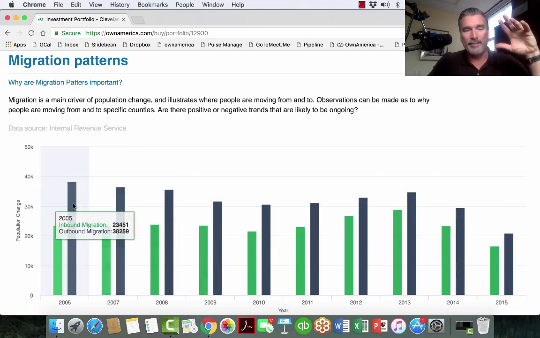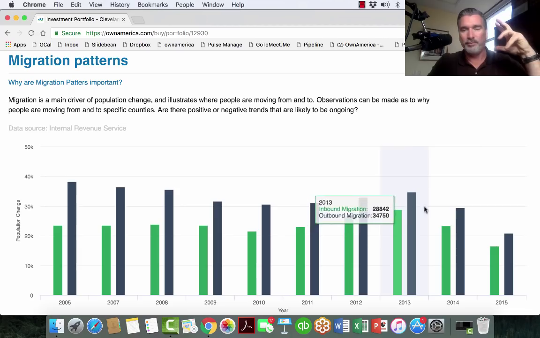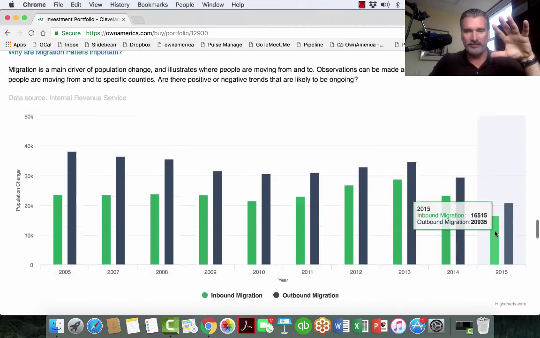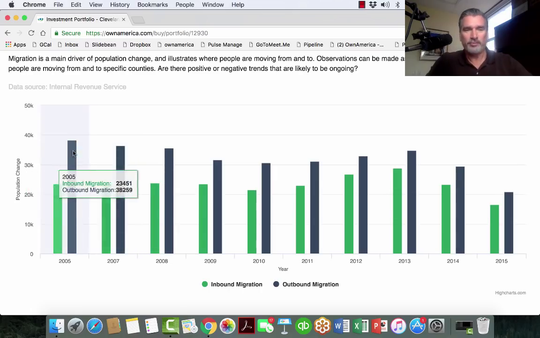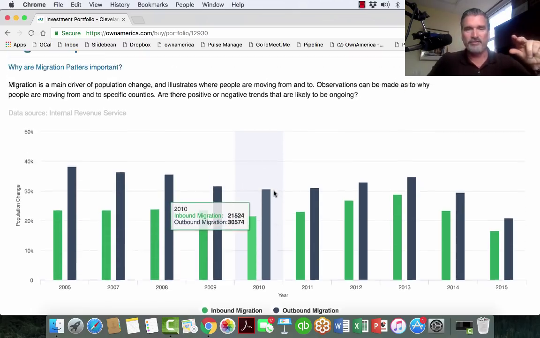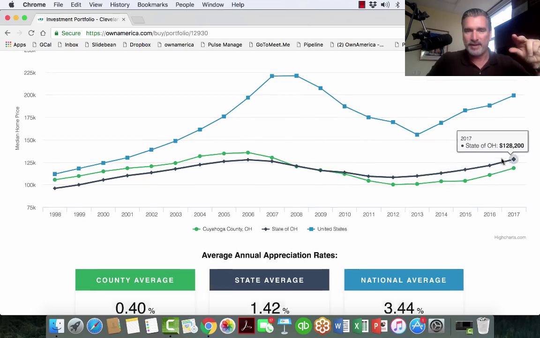But since 2005, the gap between outbound and inbound is closing a little bit. We don't have the more recent numbers here, but you see a trend of the spread tightening at the very same time that the lagging price depreciation in the market is beginning to catch back up again.